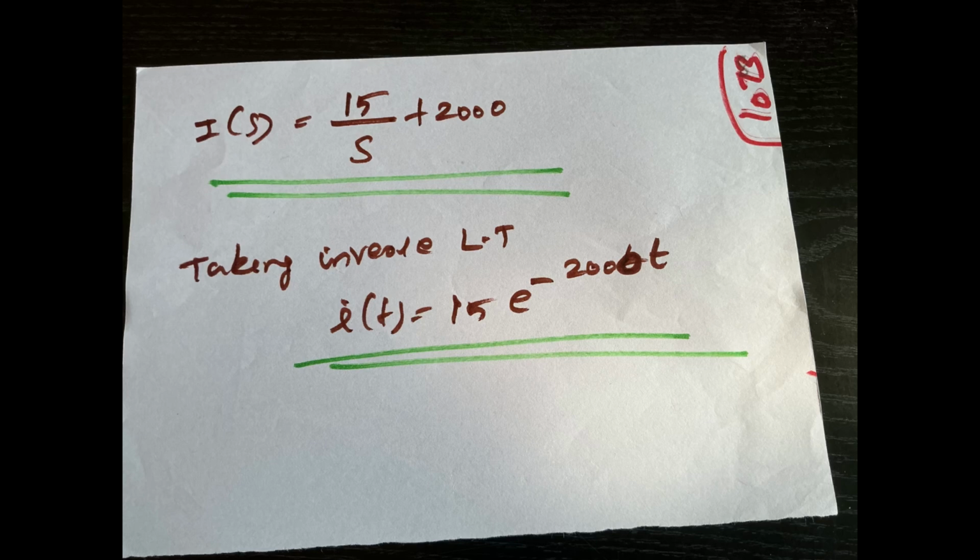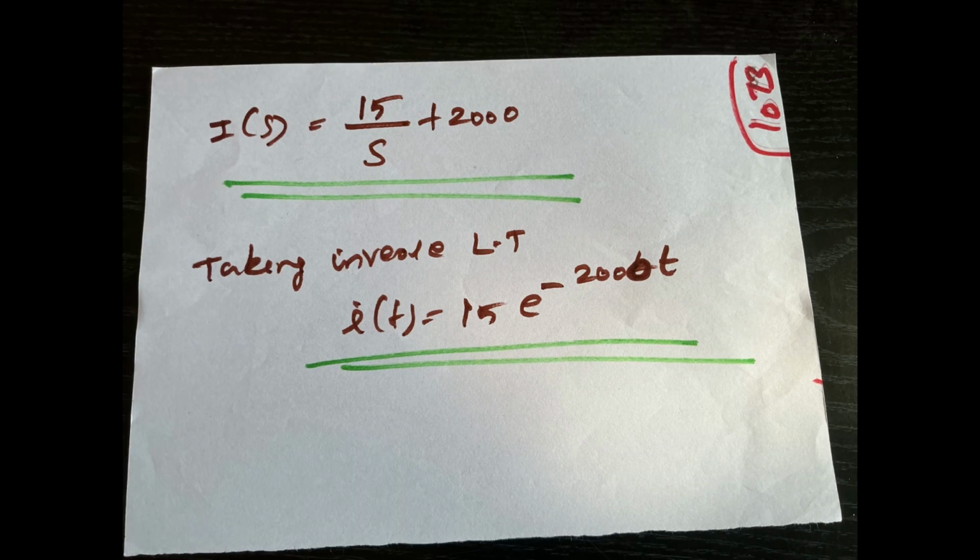That is, I(t) is a constant 15 times e power minus at, where a is 2000, found using inverse Laplace transform functions.